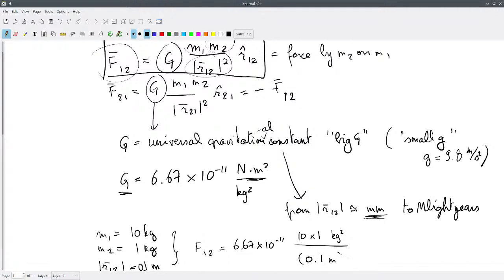Let me put the meter here. So what we'll find is that this is 6.67 times 10 to the minus 12 Newton.